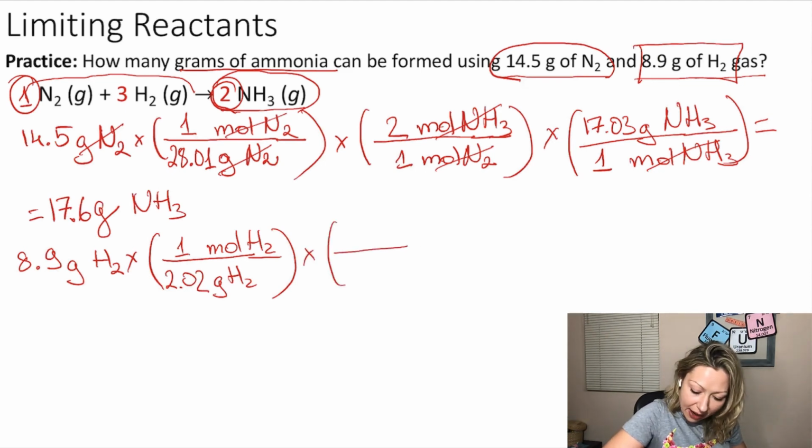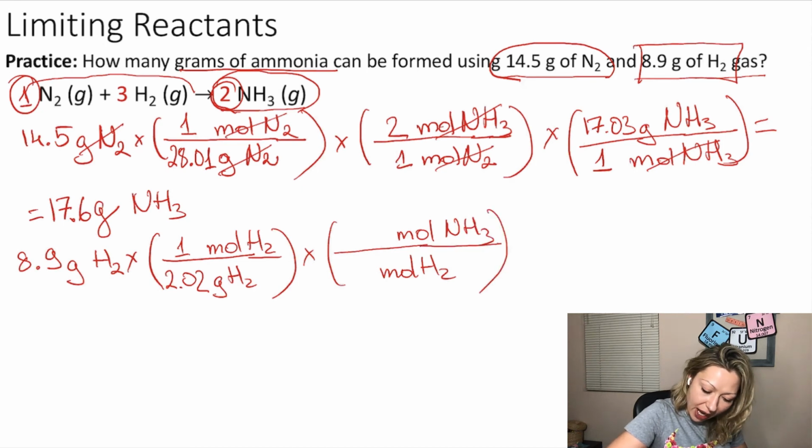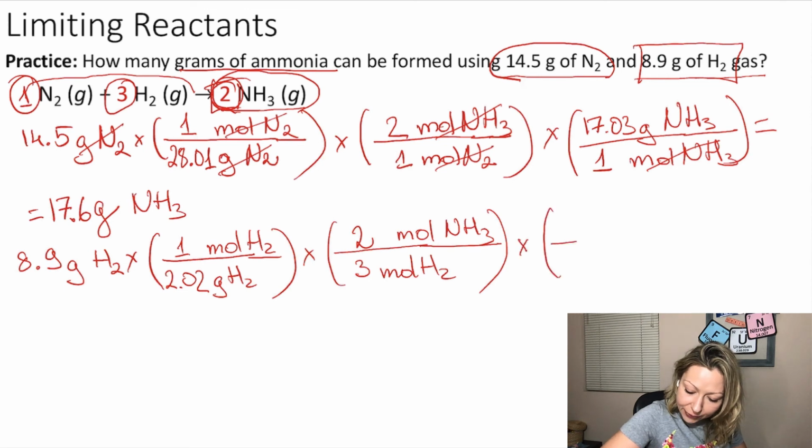And then I have to go from the moles of H2 into the moles of ammonia, NH3, from the reaction. So I need 3 moles of H2 and I can make 2 moles of ammonia, so 3 to 2. And now I have to convert the moles of ammonia into grams of ammonia.